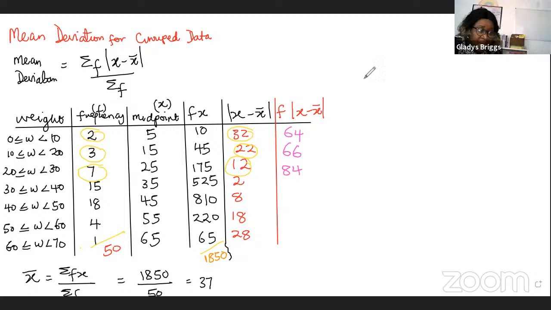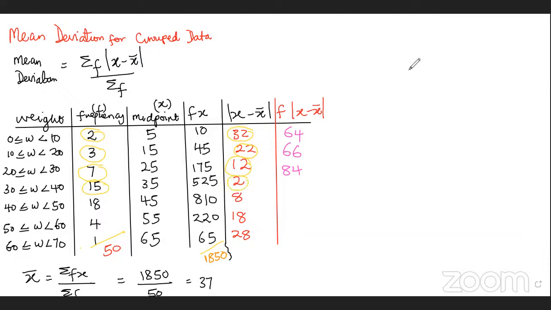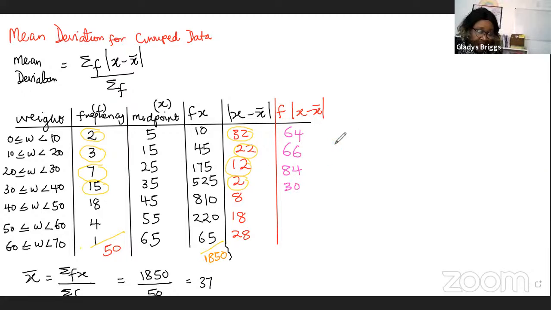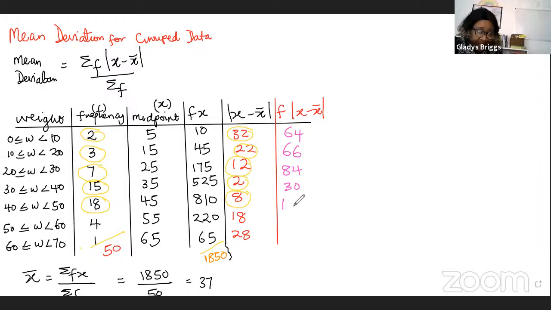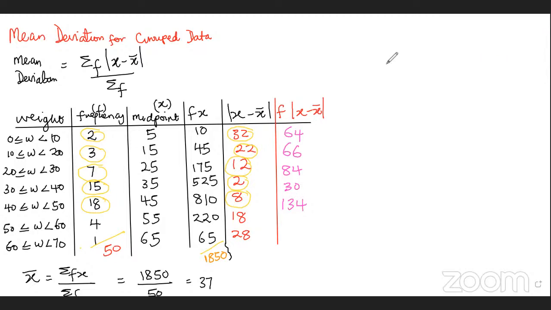The next one would be 15 times 2, 30. And the next one would be 18 times 8, 144.